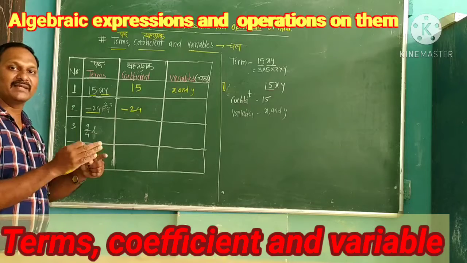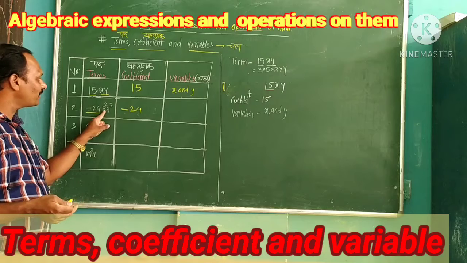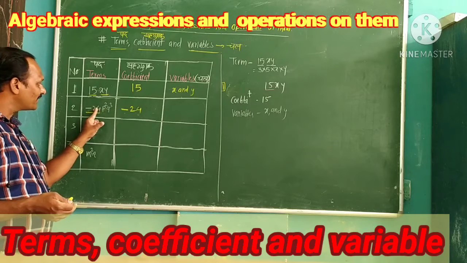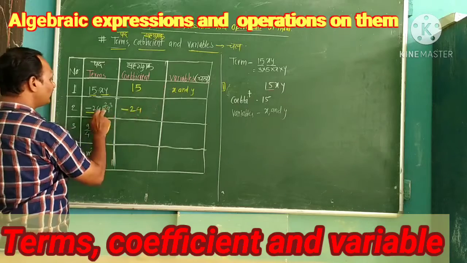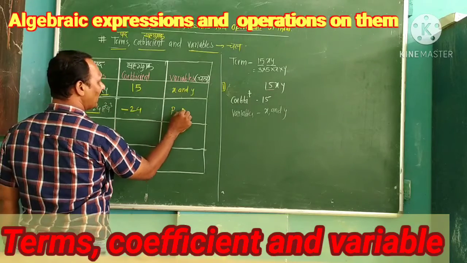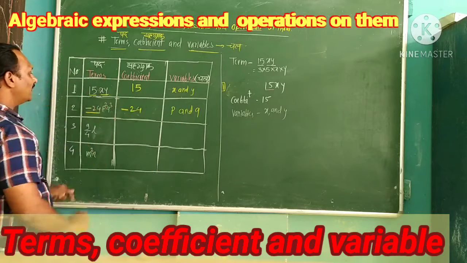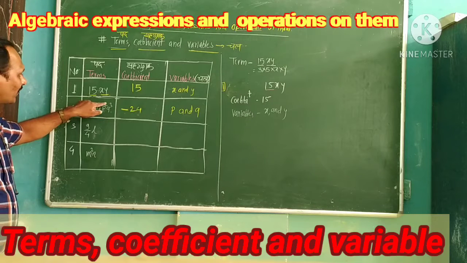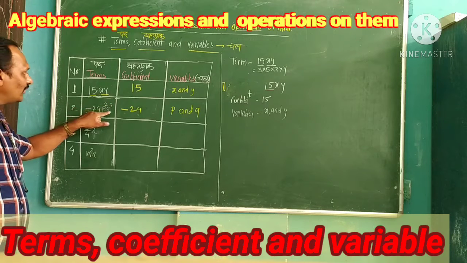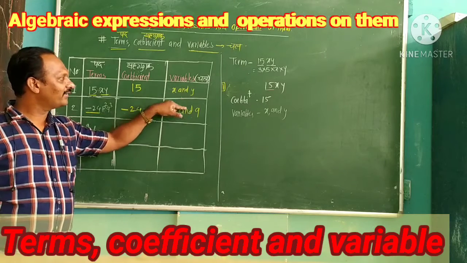In front of the variables p and q is minus 24. The variables are p and q. Do not write their index. You write only English letters. Here small p and small q are the variables.